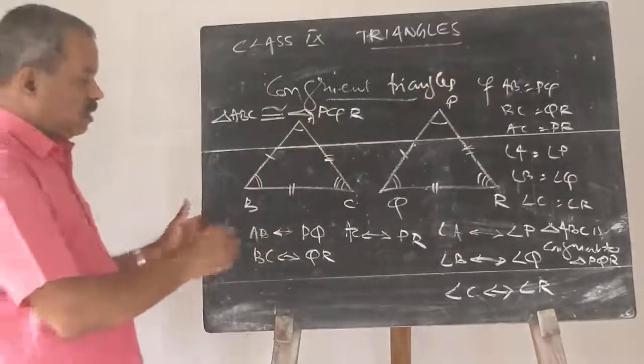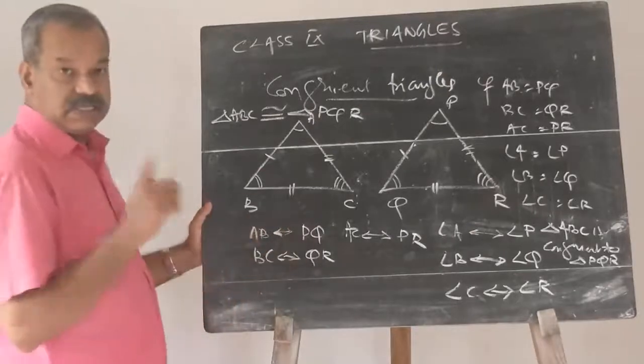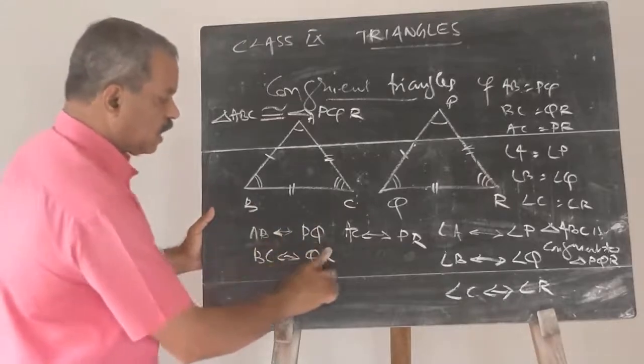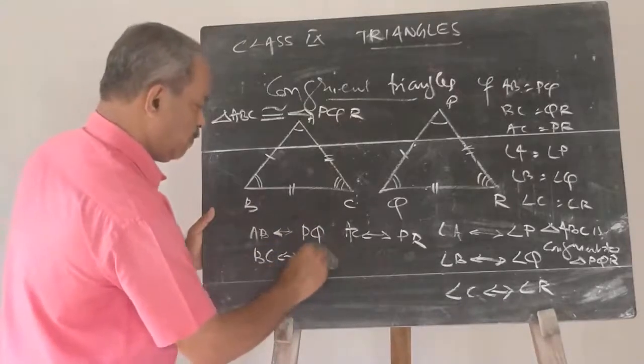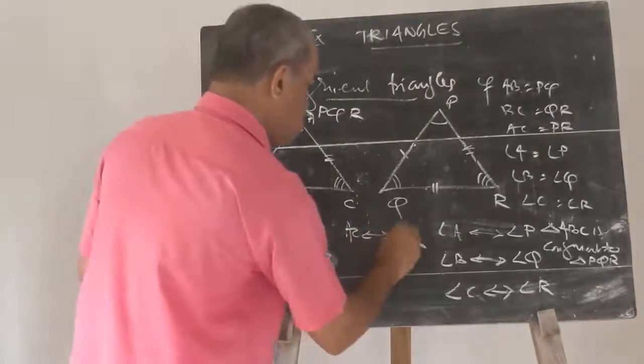Now suppose we are given the correspondences in this manner. AB corresponds to PQ, BC corresponds to PR, and AC corresponds to QR.